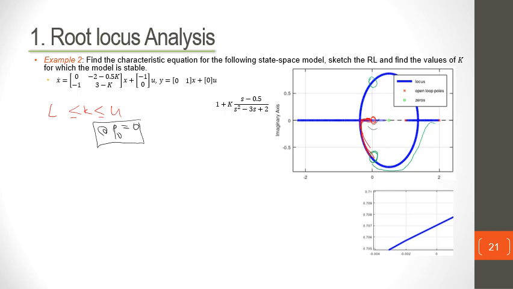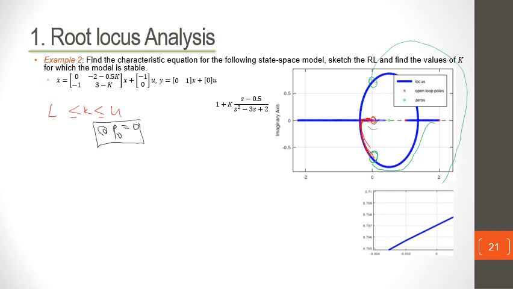At the lower limit, we see this is at this point. So we can zoom and see what the value is. We already know that the real part of the pole here is going to be 0 because it's crossing the imaginary axis. So it's on the imaginary axis.